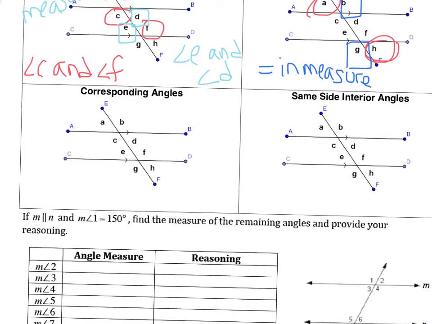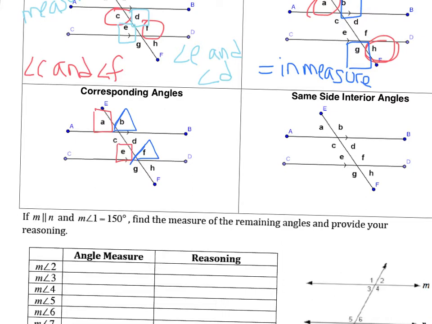Corresponding angles are angles that are in the same location on our intersection. So for this one, I'm just going to use colors and box it in for you. So angle A and angle E, those are corresponding. They're in the same location in your intersection. So here's one intersection, there's another one. They're on the same spots. We also have angle B and angle F. Those would be corresponding angles.